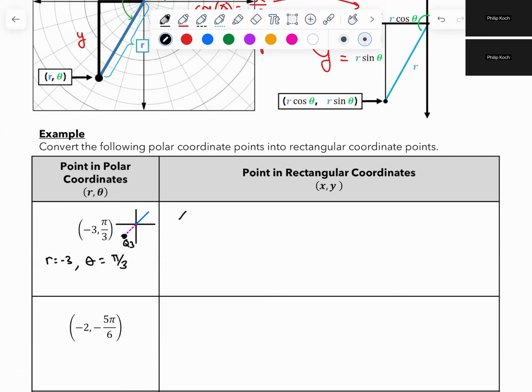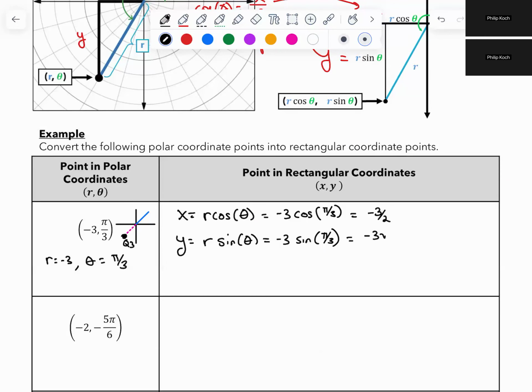So X will equal R cosine theta, so that will equal -3 cosine of pi over 3, which if you plug that into your calculator, you should get -3/2. And then Y will equal R sine theta, so that'll be -3 sine of pi over 3, which will be -3 square root 3 over 2.